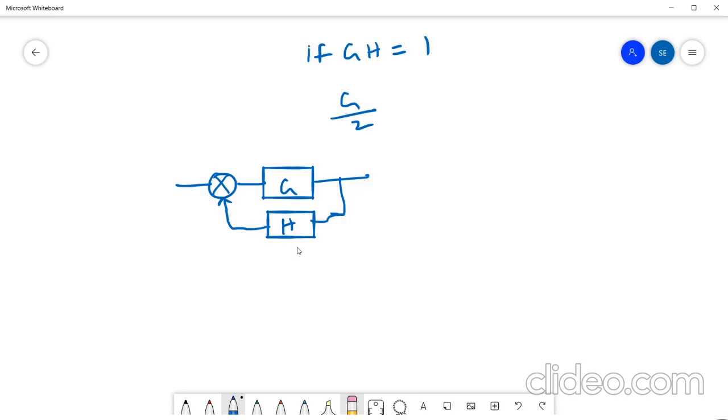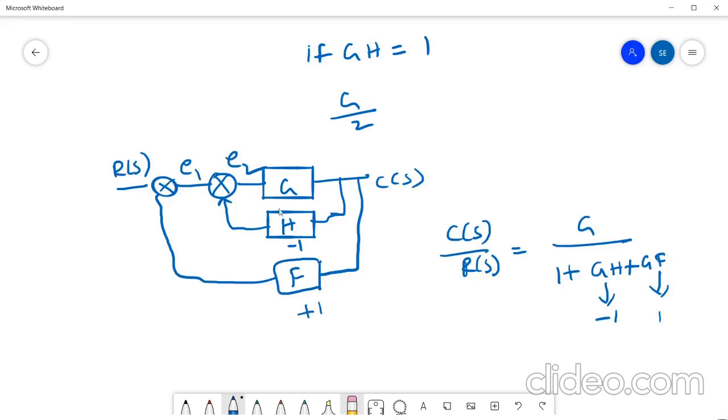If I increase the number of loops and give another gain which can compensate, if this is minus 1 and this is 1, then the minus 1 will affect the plus 1, these two will cancel out, and overall the transfer function will be G, right? So there is a chance that the system can still be stable by introducing extra feedback.